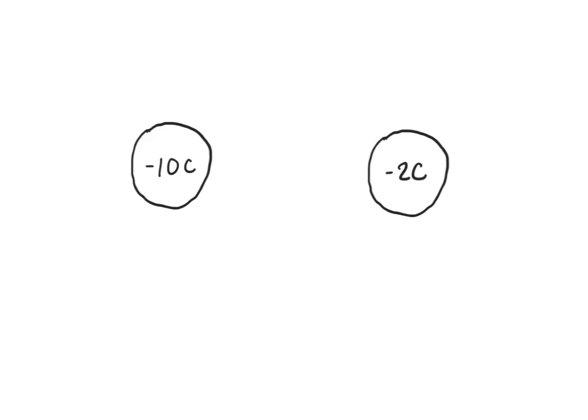But more importantly, let's think about the electric potential in this circumstance. We established that negative charges create negative potential. The charge on the left is more negative than the charge on the right, which means the potential created by the charge on the left will be more negative than the potential created by the charge on the right.